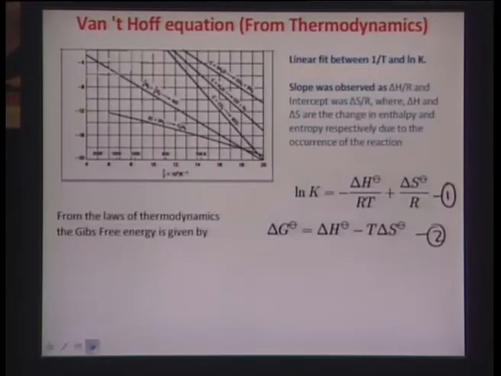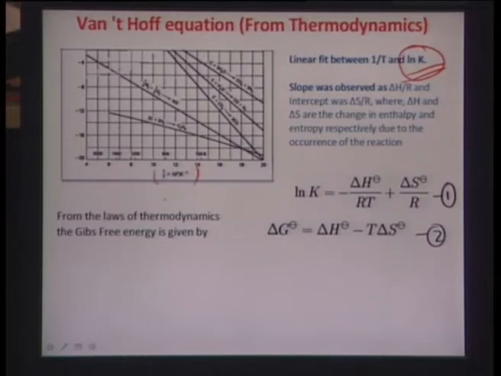So what essentially Van 't Hoff did is he plotted experimentally the natural log of the rate constant, ln k, of some of these reactions, typically in the gas phase, against the inverse of temperature.